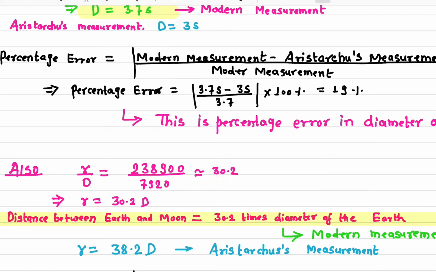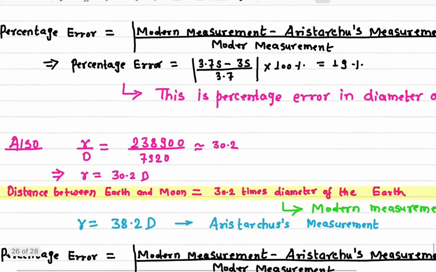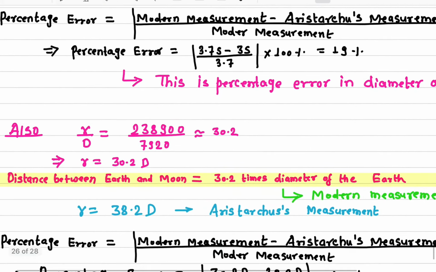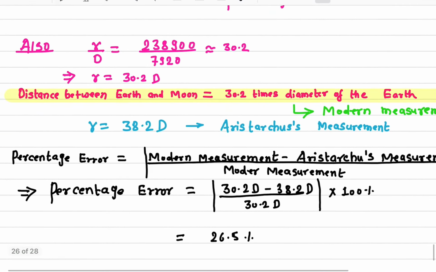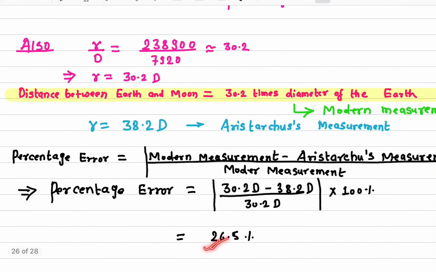So the distance between Earth and the Moon is about 30.2 times the diameter of the Earth. But Aristarchus measured 38.2 times. So again, he overestimated the distance between Earth and the Moon. And if you calculate the percentage error, it is 26.5%. So he was quite off.